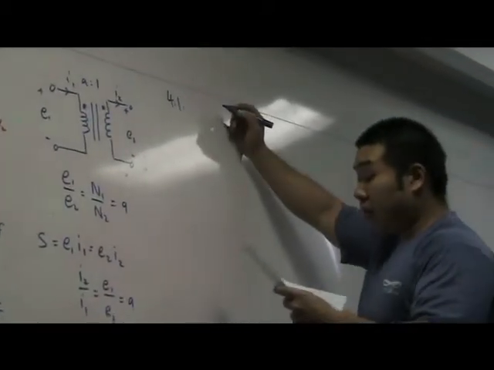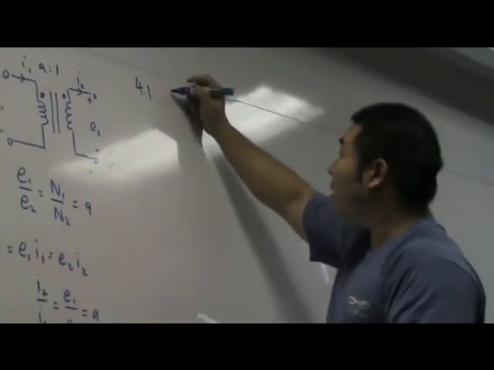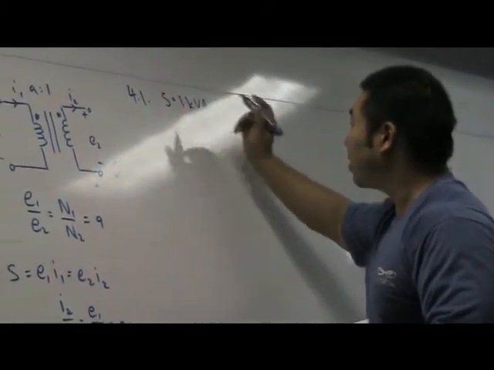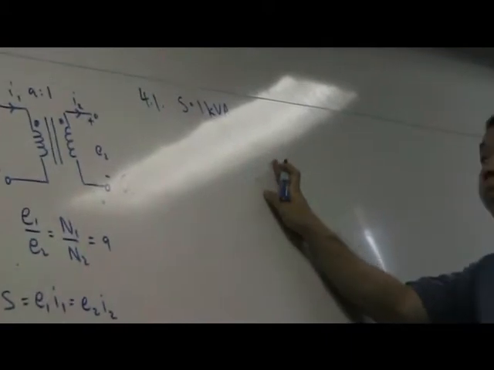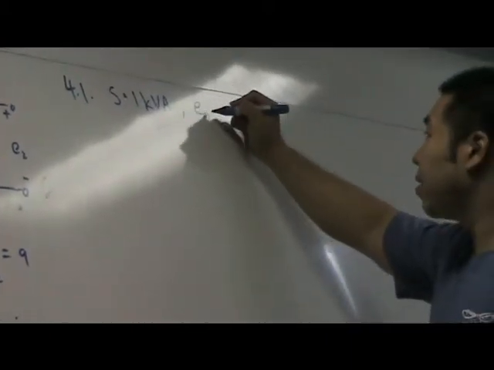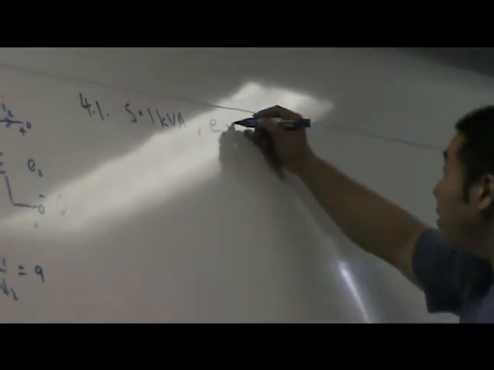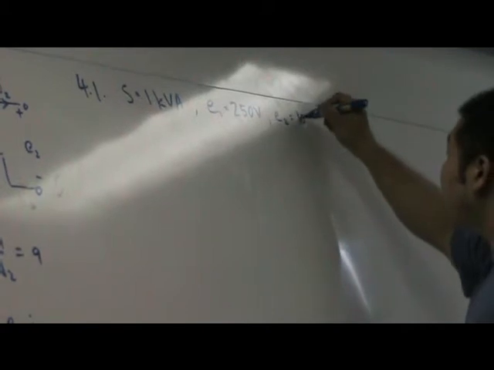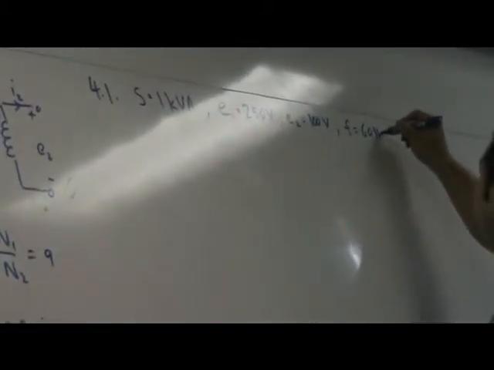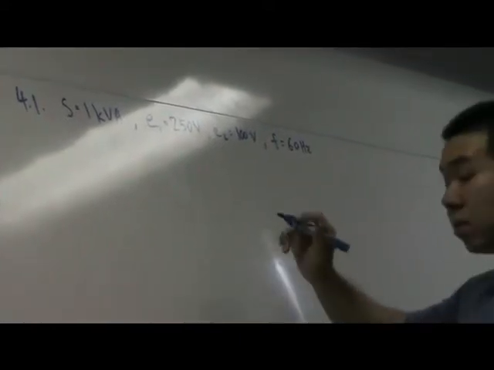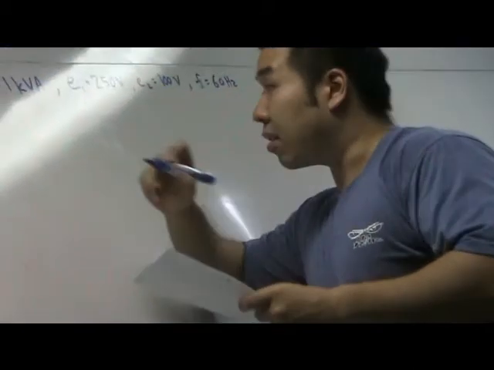The information given to us is S is 1 kVA, that's the power rating, the apparent power. We are also given E1 equals 250, E2 is 100, and f is 60. So calculate the turns ratio.